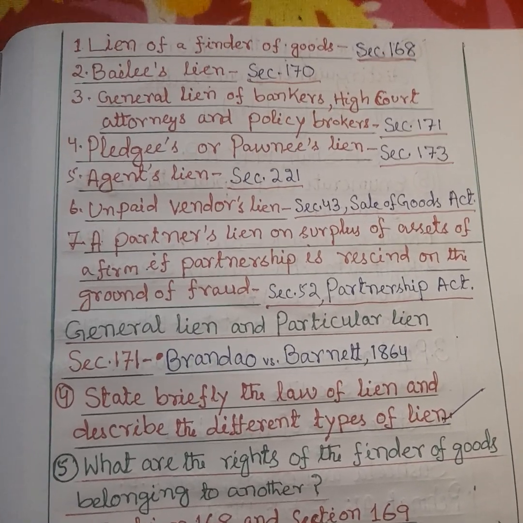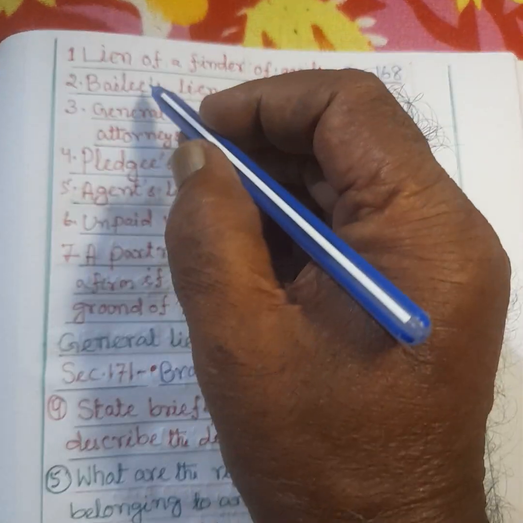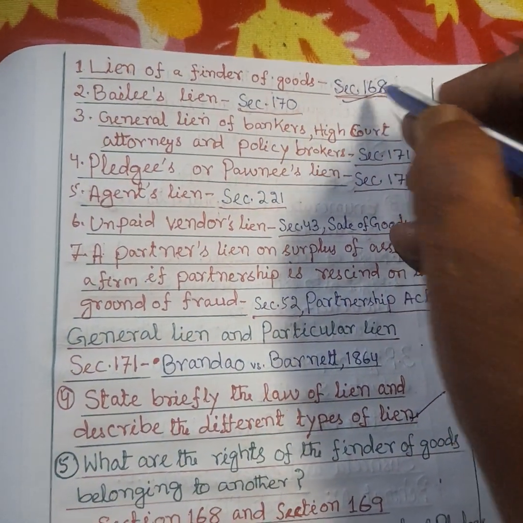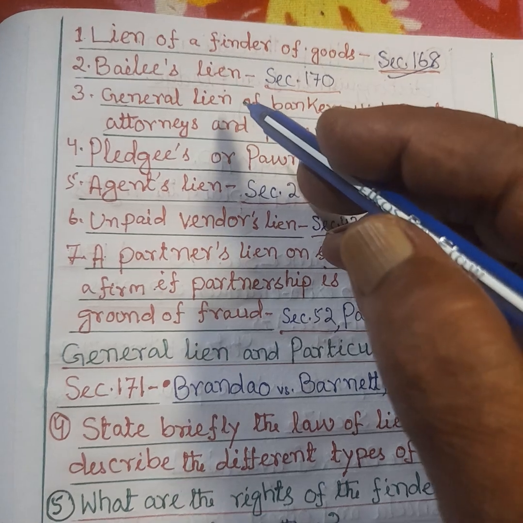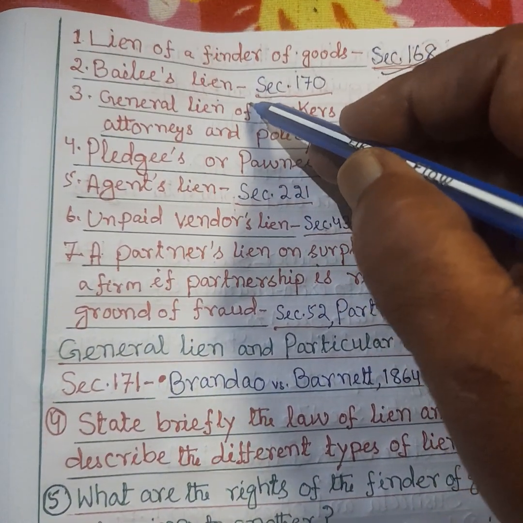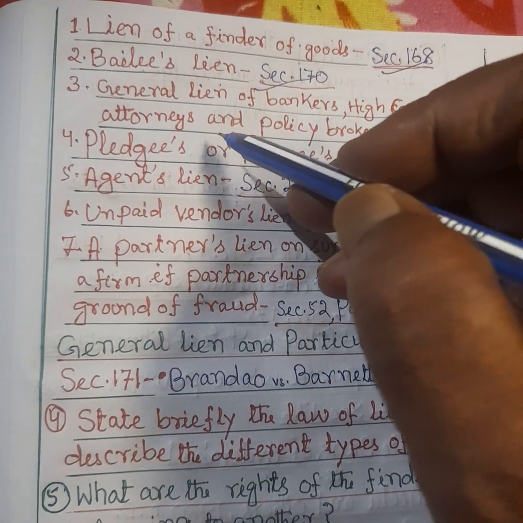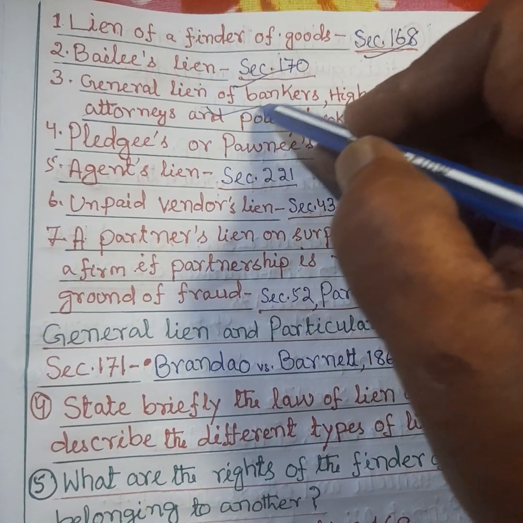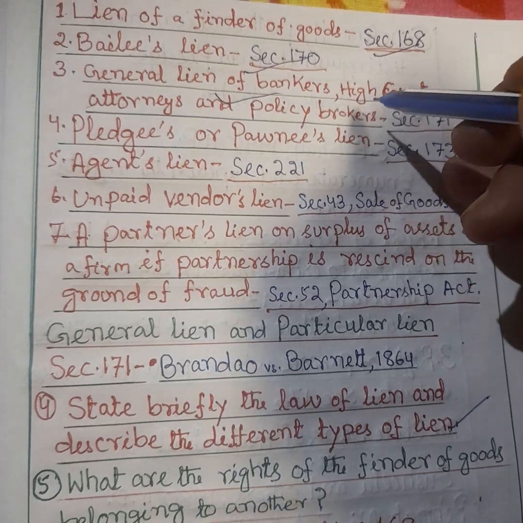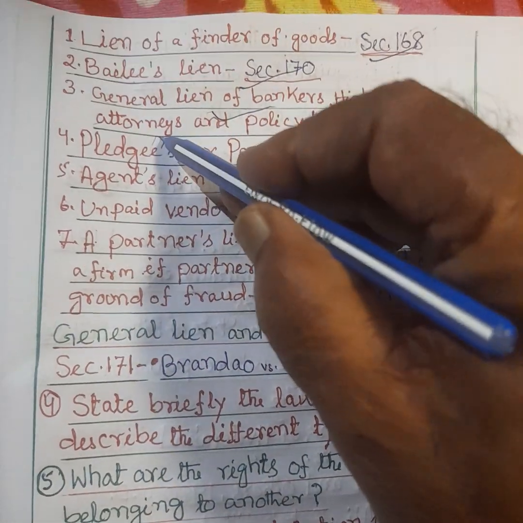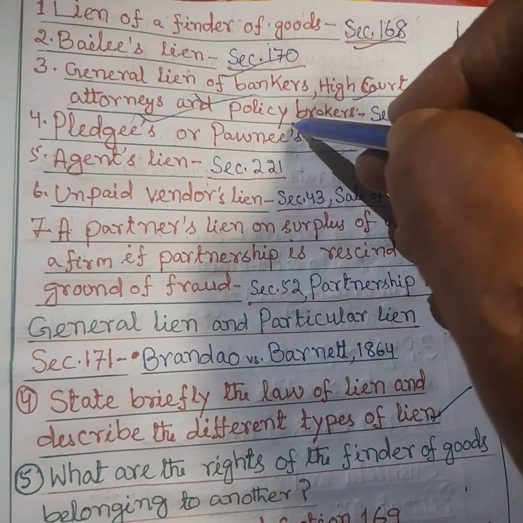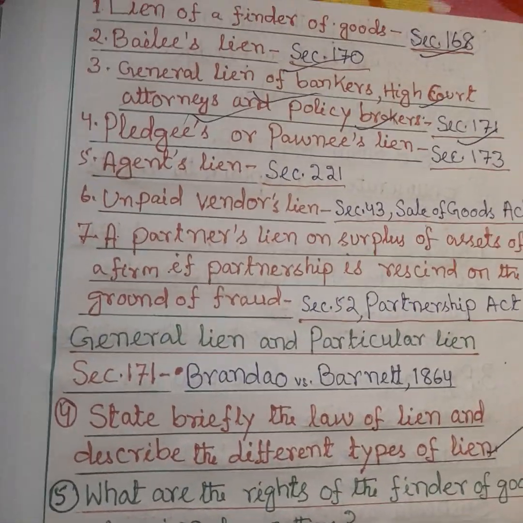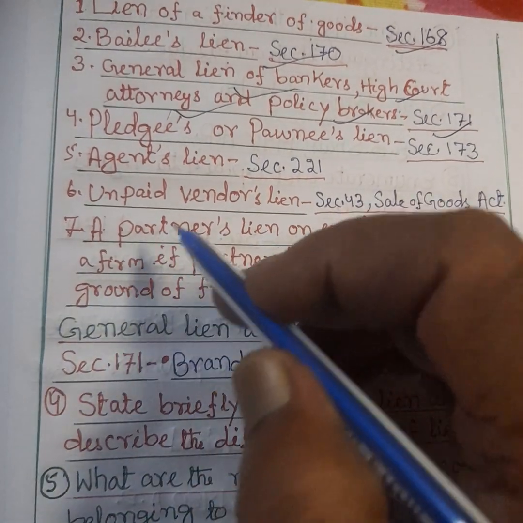The very first one is the lien of a finder of goods under section 168, and the bailee's lien as provided under section 170. Then number 3, the general lien of bankers, factors, wharfingers, high court attorneys, and policy brokers under section 171 of the Contract Act.